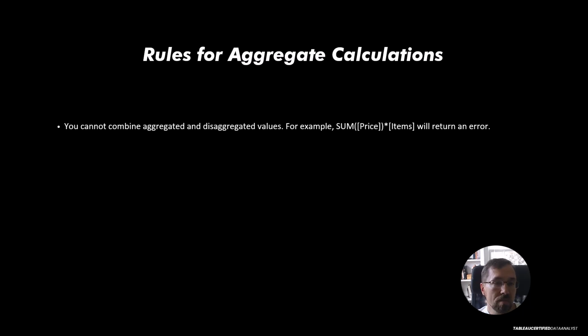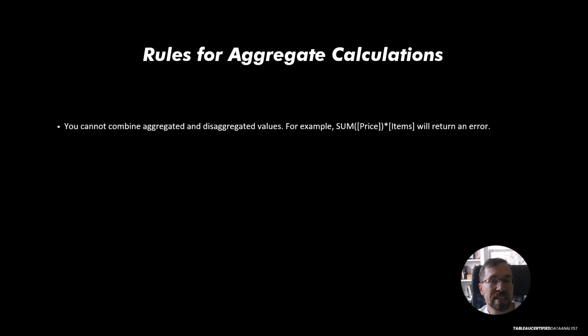Now let's just talk about a couple of rules with aggregate calculations. The big rule is that you can't combine aggregated and disaggregated values. So for example, if I do the sum of price and then I try and multiply it by the items, that won't work. And if you think about why, it makes sense because suppose you have 20 rows in your group, and so you sum up all the values of price, right?